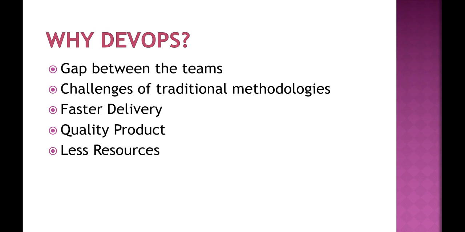It can overcome the gap between the teams, it can overcome the challenges of all the traditional methodologies like Waterfall and Agile, and it can help you achieve faster delivery and qualitative products with fewer resources and less cost. That's what organizations are looking for. So that's why DevOps came in. How this can be implemented and what exactly it is doing, let's look into this now.